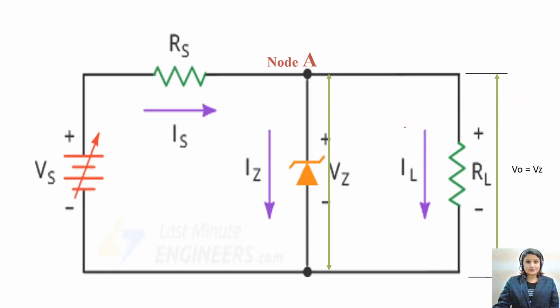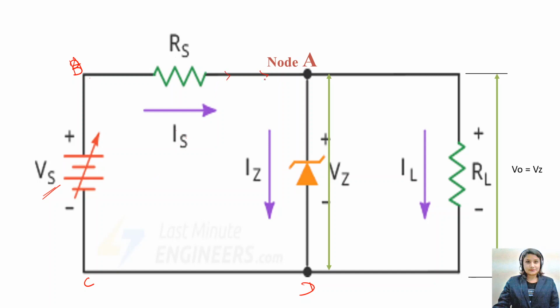Right? If you see the currents, if I call this a loop, let us call it loop A, B, C and D. Here your supply voltage is fluctuating, it is changing. Because of this supply voltage, the current will be flowing through the source resistance, I denote it by IS, source current.